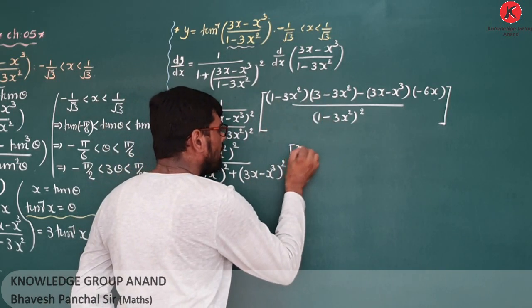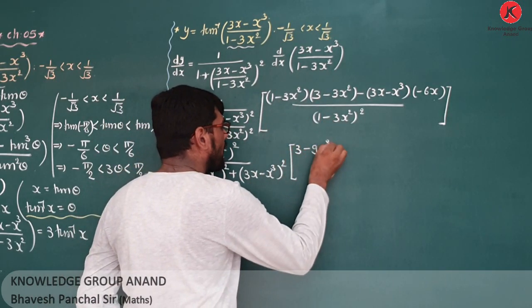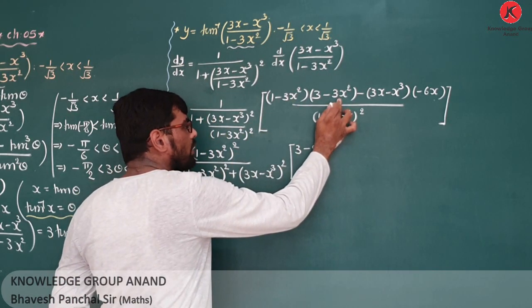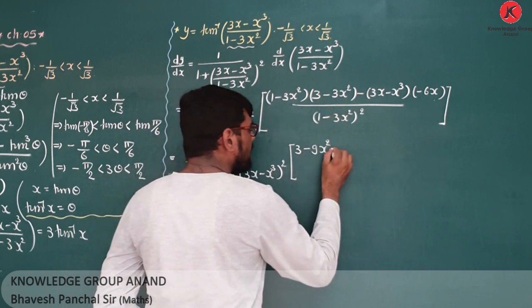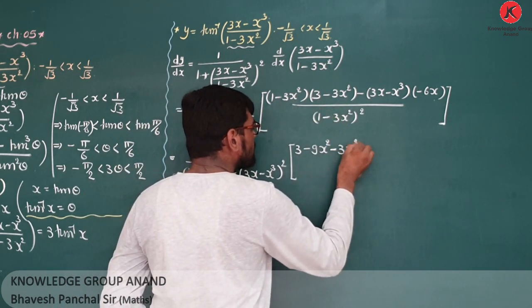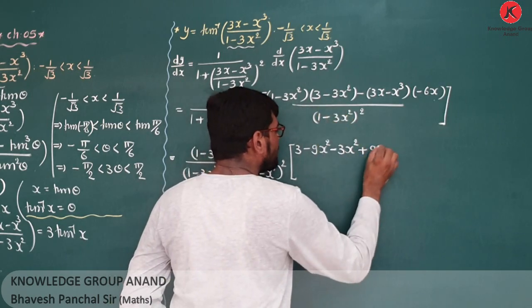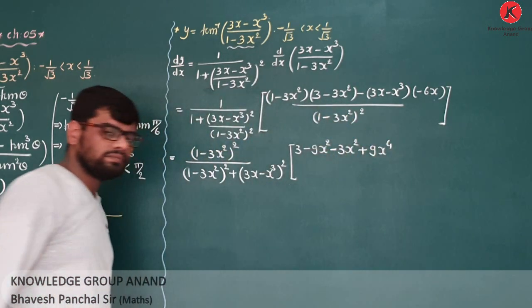3 minus 9x square, okay, 3 minus 9x square, now multiply with minus 3x square, that is 1 into minus 3x square, minus 3x square, minus minus plus 3 into 3, 9x square into x square, that is x raised to 4.